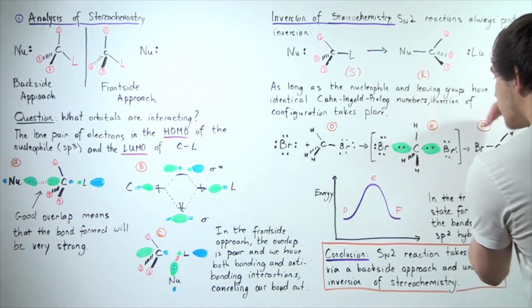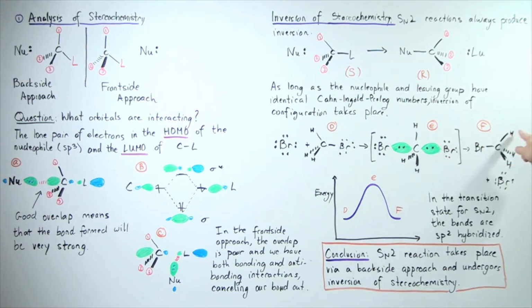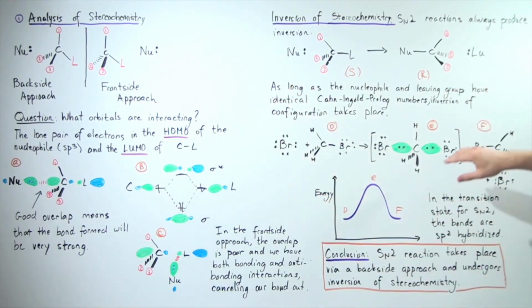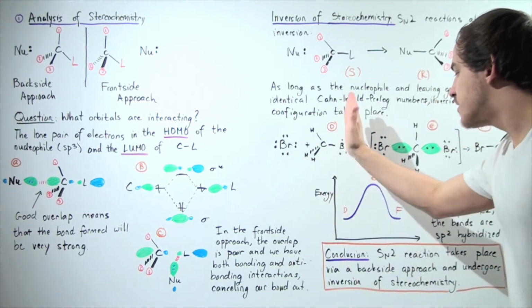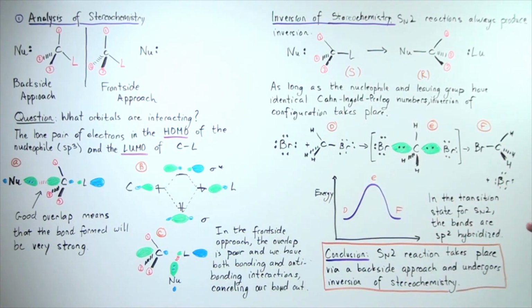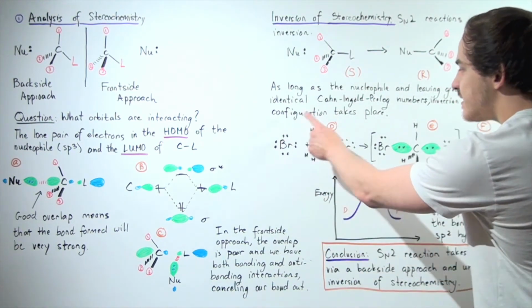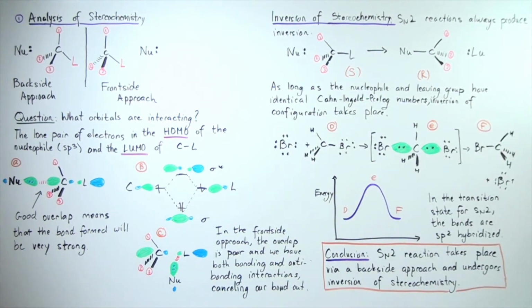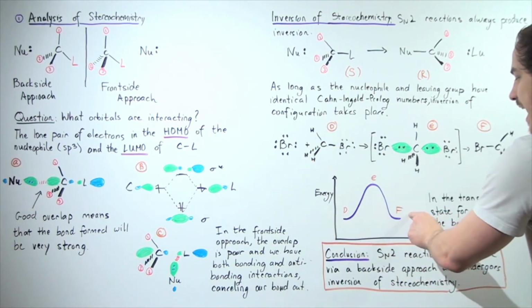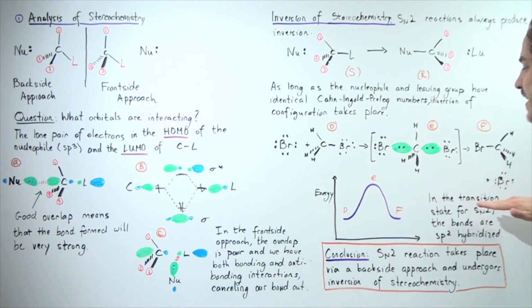So once it inverts, this bond is broken, and we produce the following product. So we have D, let's say this is D, our reactants, our transition state is E, and our product is F. So if we label the energy diagram versus reaction, we get the following depiction. Since our leaving group and nucleophile are identical, D and F will be on the same exact energy level.